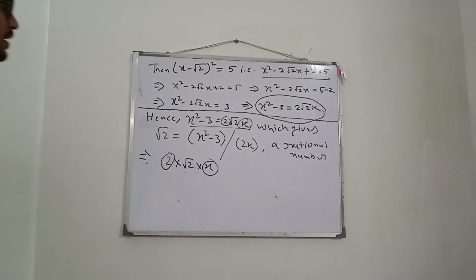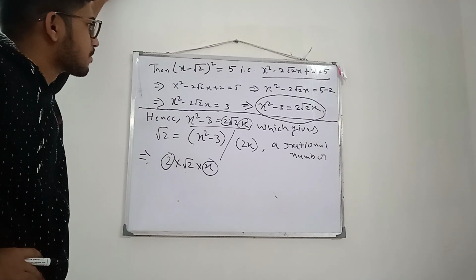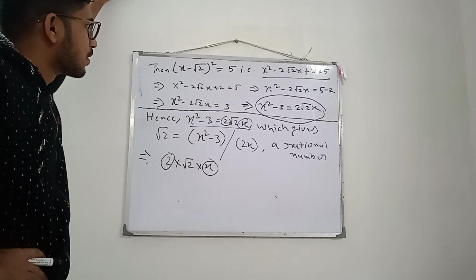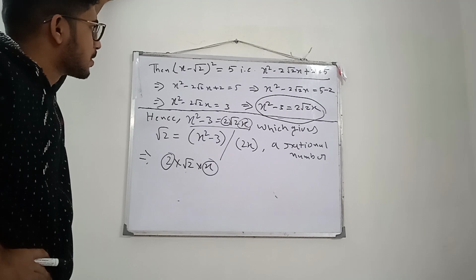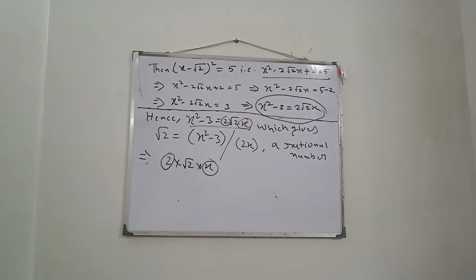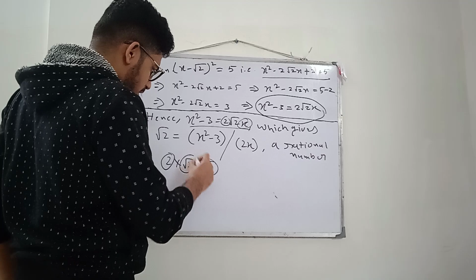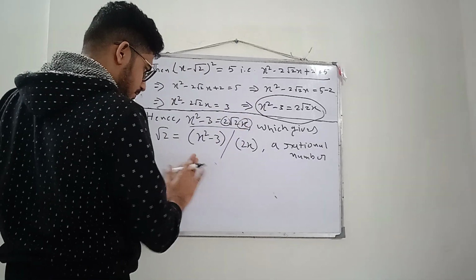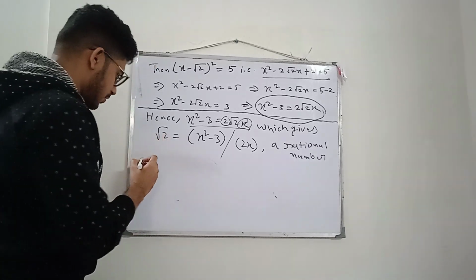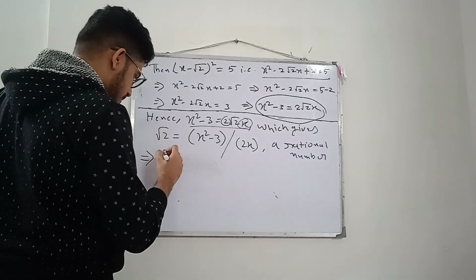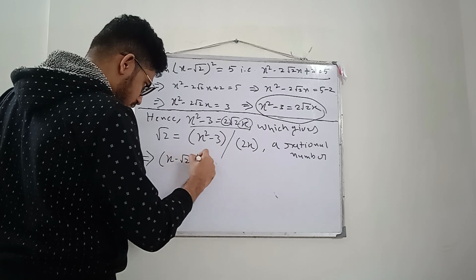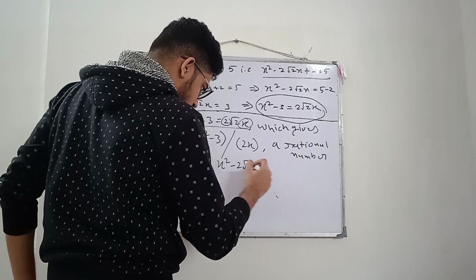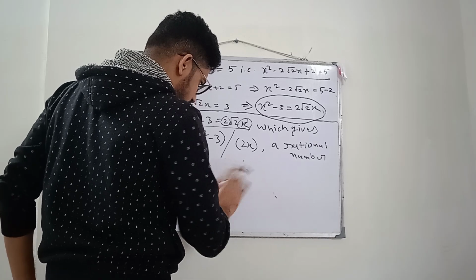Oh yeah, I got it here. Yes, this one is correct. Suppose this form: x minus root 2 whole square, that means x square minus 2 root 2x.